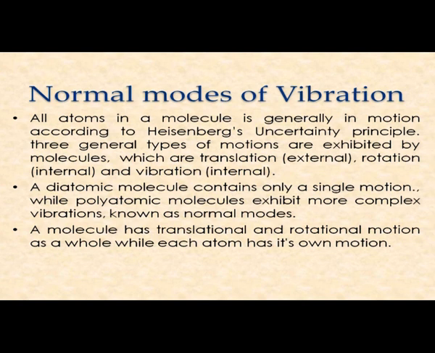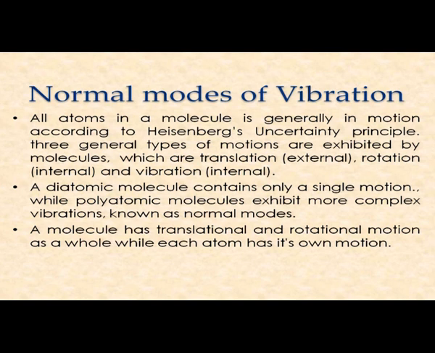The product of uncertainties in position and momentum of a particle will be greater than or equal to h cross by 2. That is the Heisenberg uncertainty principle. So, it says that no particle or atom or molecule is at rest.